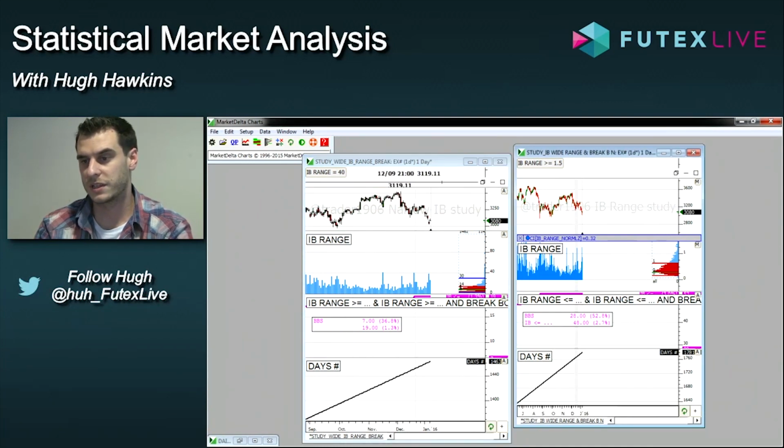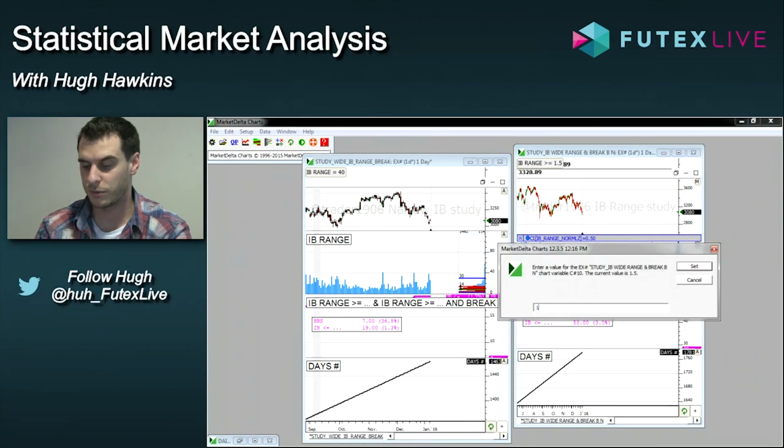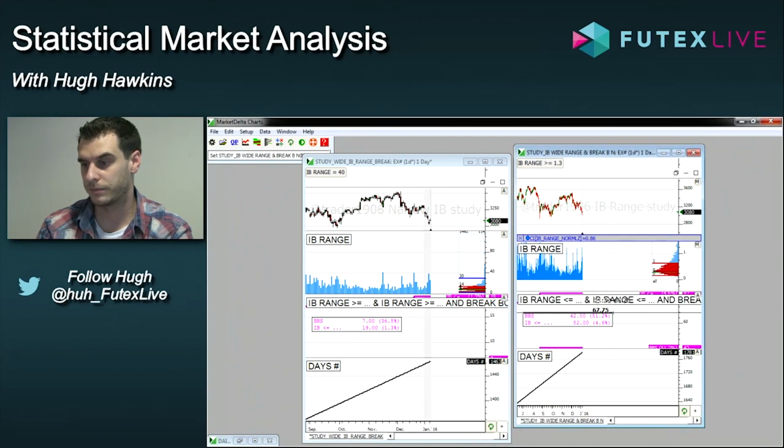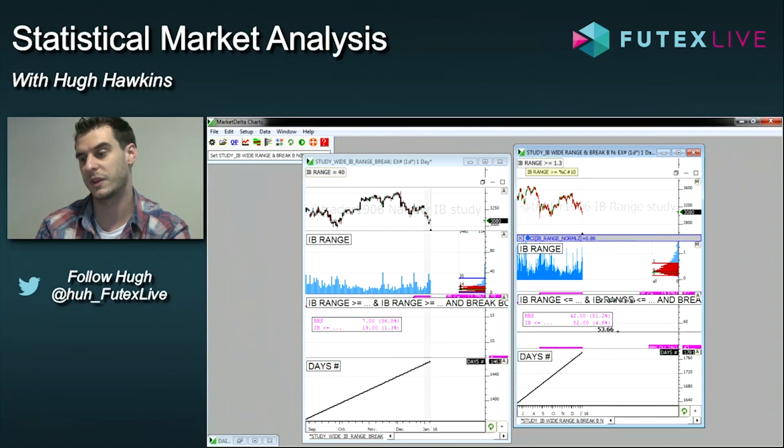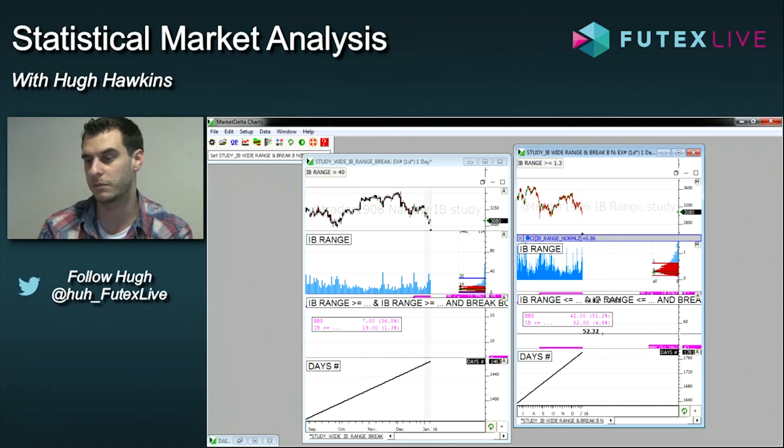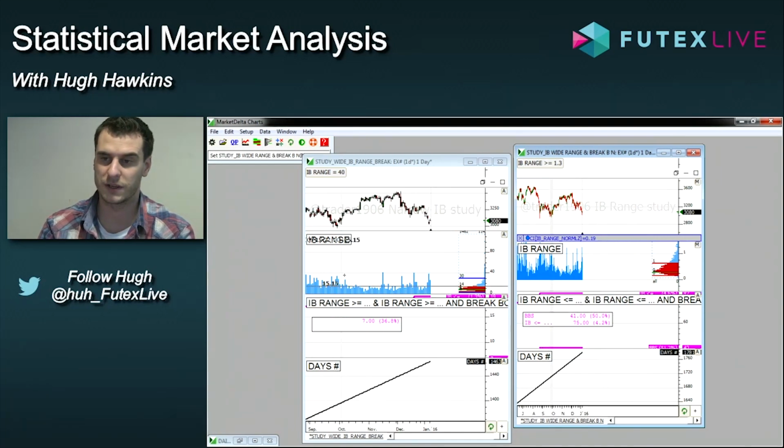So 40 ticks at the moment is about 1.3%. So it's saying here, if we have an IB greater than 1.3%, then that happens about 4% of the time, but it's only breaking 50% of the time. But if we fix the range to 40, then we can actually gain an edge here.